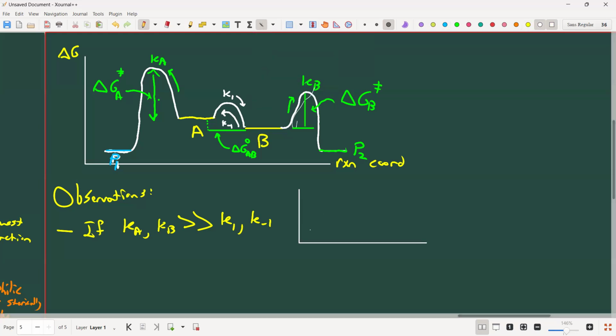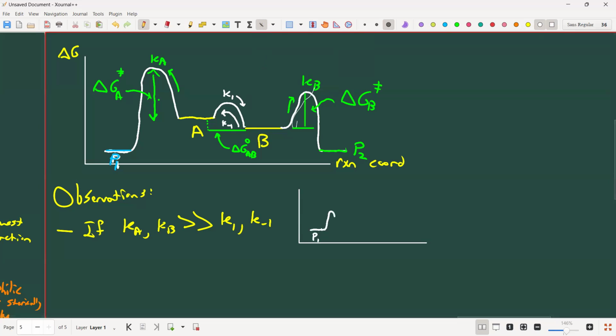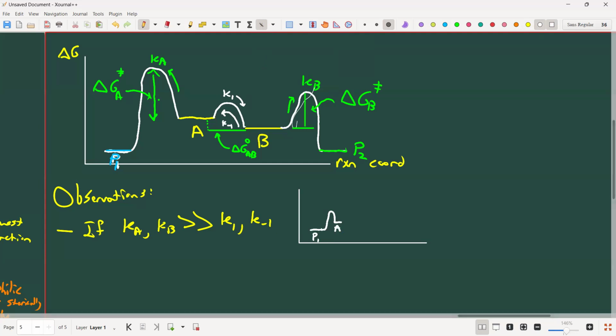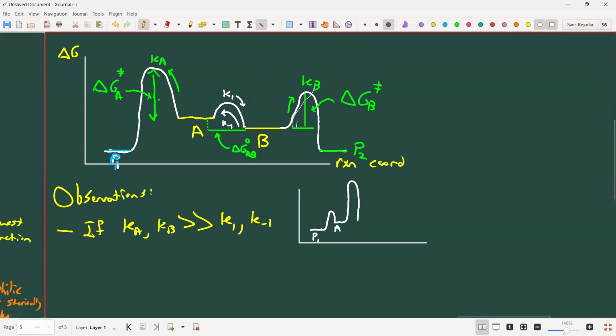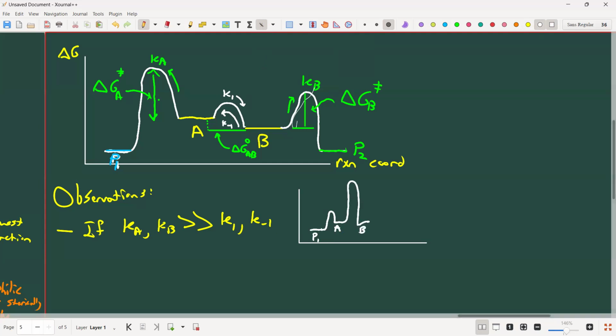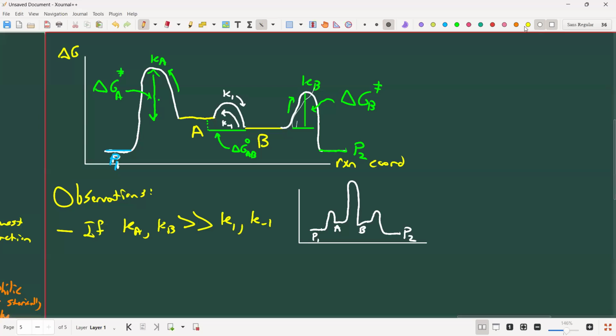Again, that would be where you would have P1 here. It would have a little barrier to A, and then A has a massive barrier to B, which also has some barrier to P2. So what this means is that A and B do not rapidly equilibrate.